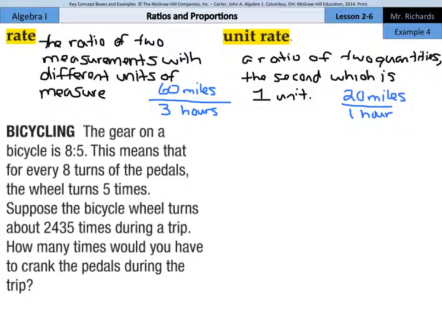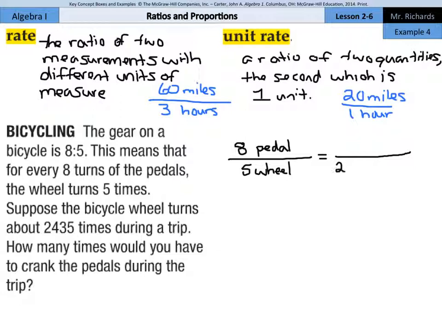Now we can set up a proportion with these two rates so that 8 pedal turns over 5 wheel turns is going to be equal to, we have 2,435 wheel turns.